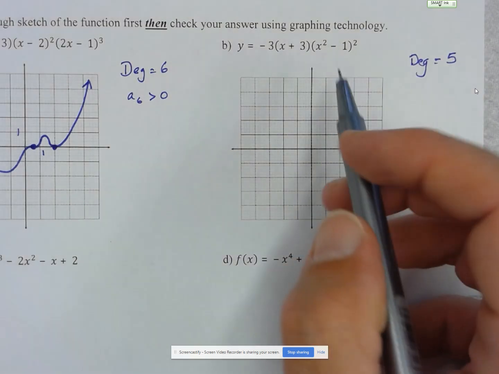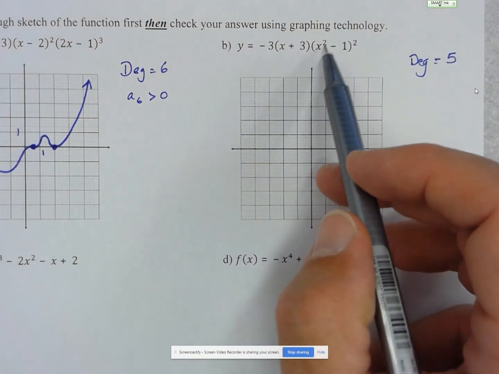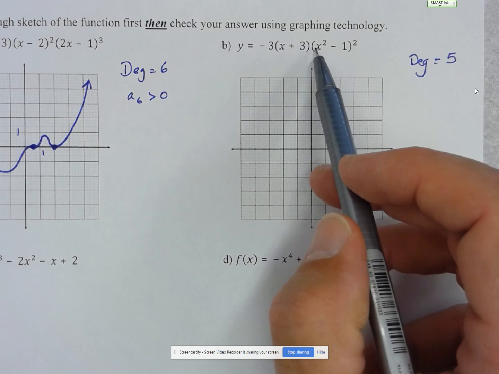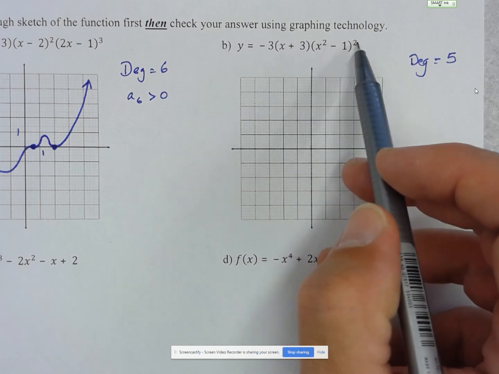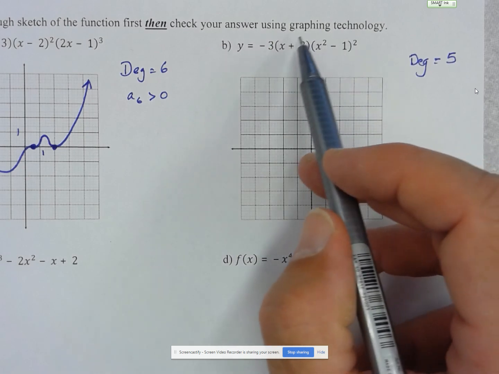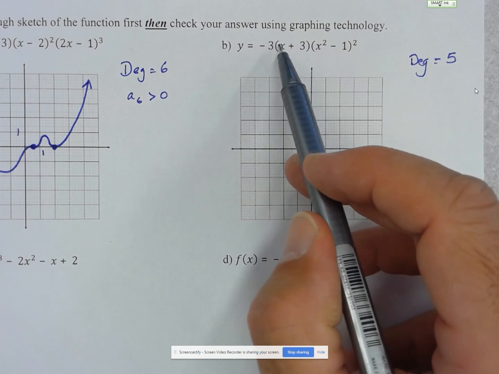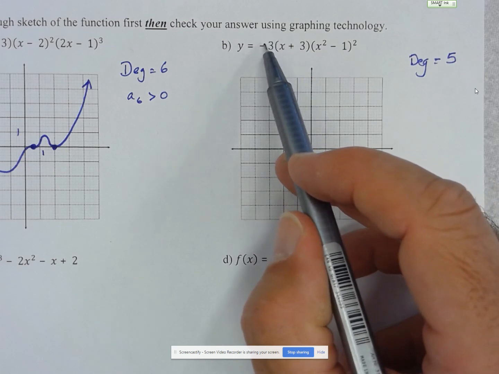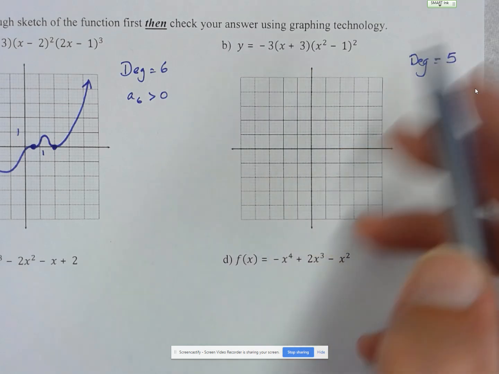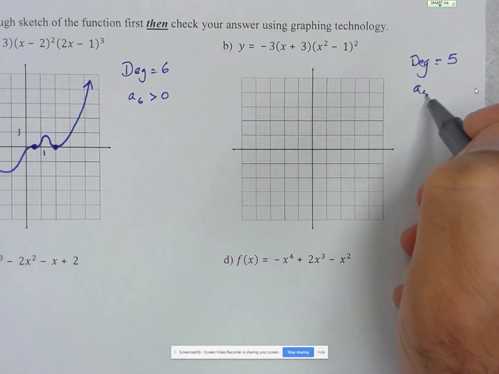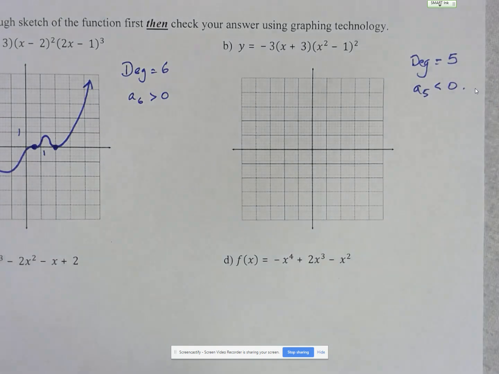In terms of the leading coefficient, I have x squared, so leading coefficient 1. When I square it, I'm still going to have 1 times x, so still positive, but then I'm going to be multiplying all the terms by -3. So in other words, my leading coefficient, my a5, is going to be less than 0.